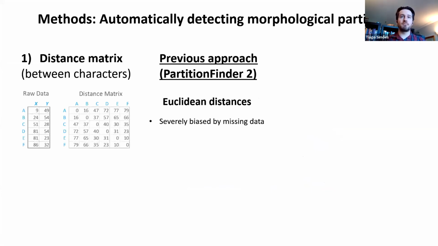Towards that goal, there is one available implementation in PartitionFinder, a program to assess the partitions and models of molecular evolution in molecular data. But it also allows you to assess partitions for morphological data using distance matrices. It creates an inter-character distance matrix, and from that it estimates Euclidean distances between those characters.